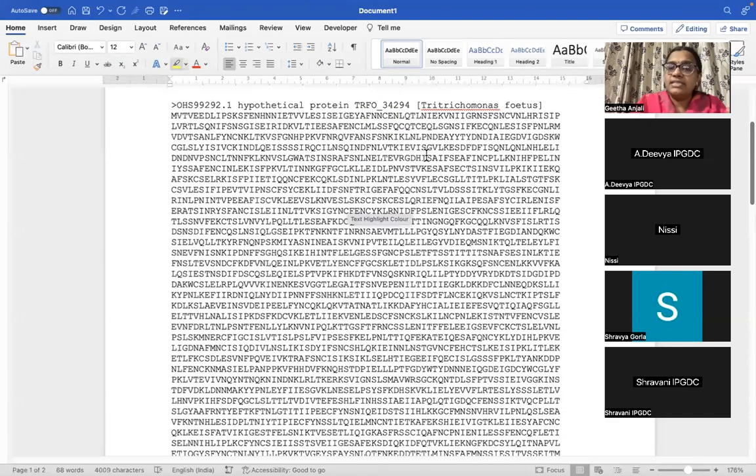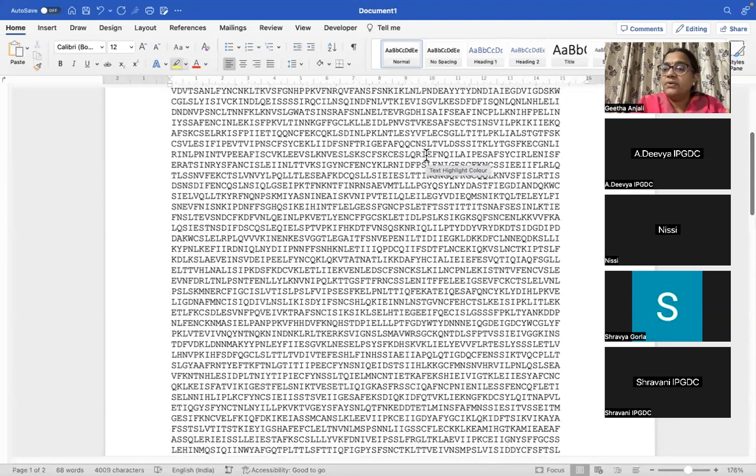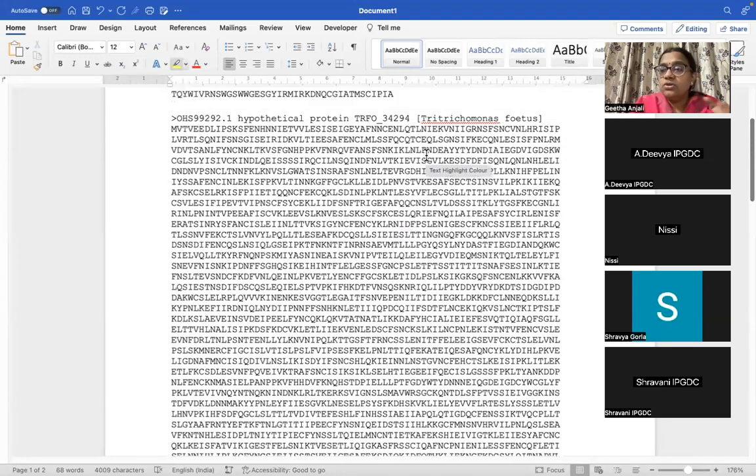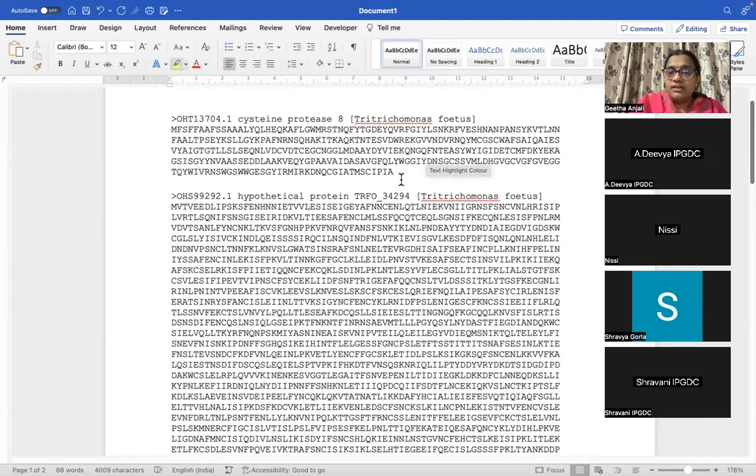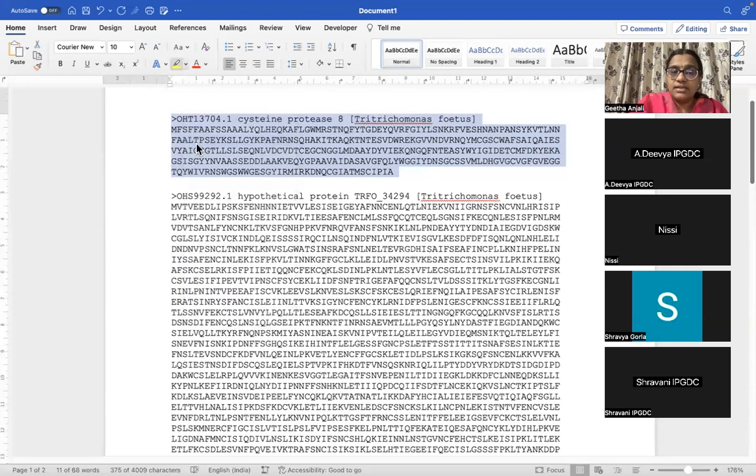The first analysis that we will do is to understand the physicochemical properties of the protein. For the first protein sequence we have cysteine protease 8. Physicochemical properties of the protein can be studied in the laboratory, but it will take a lot of time.